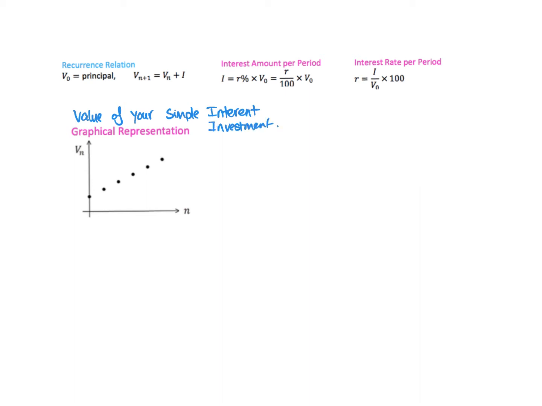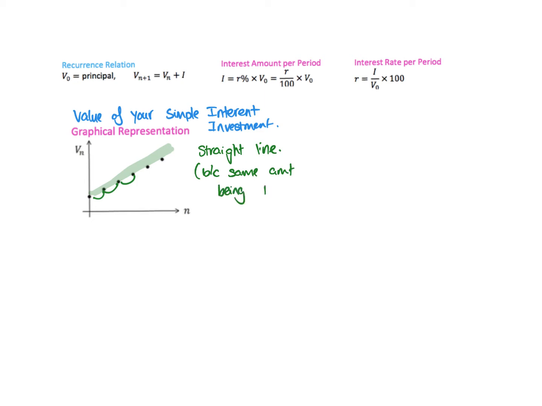Take note, when you have simple interest, it's a straight line. It's a straight line, and that's because it's always adding the same amount, the same amount being added.